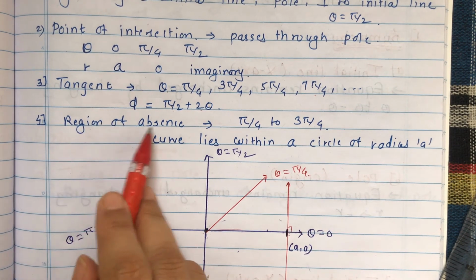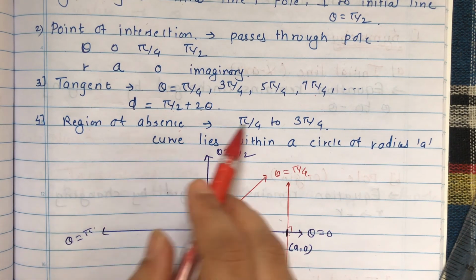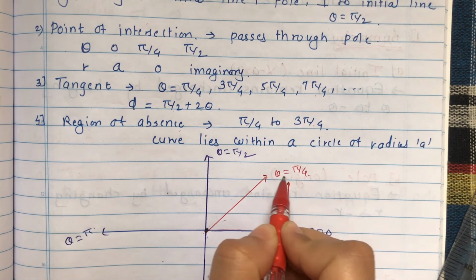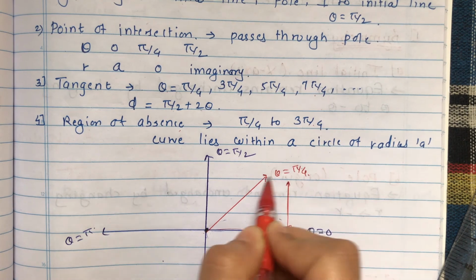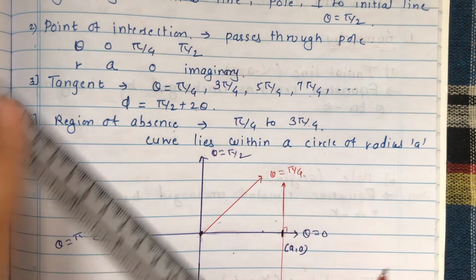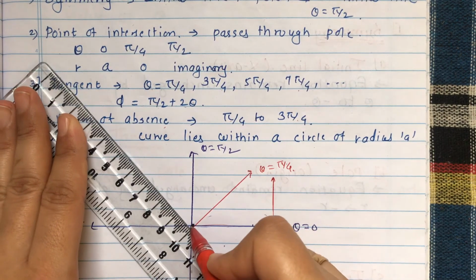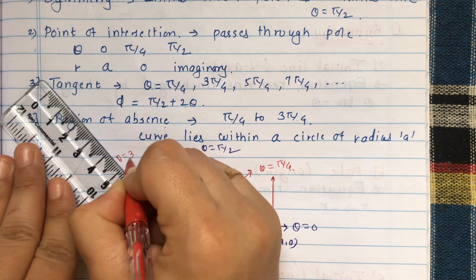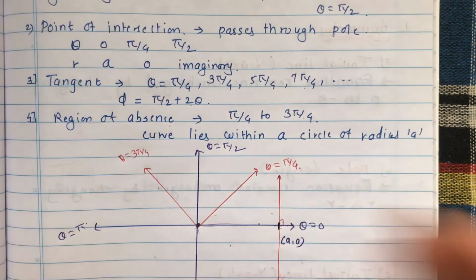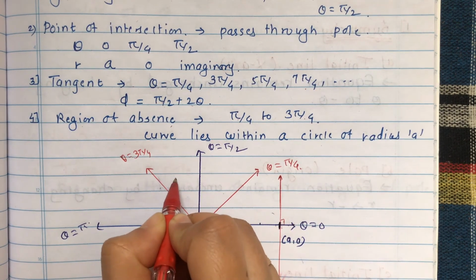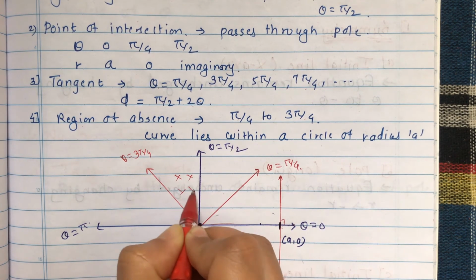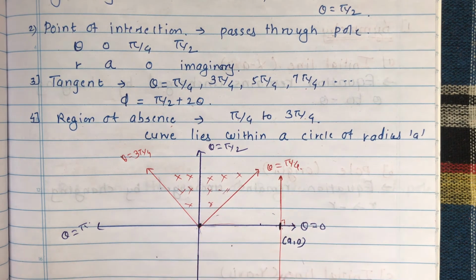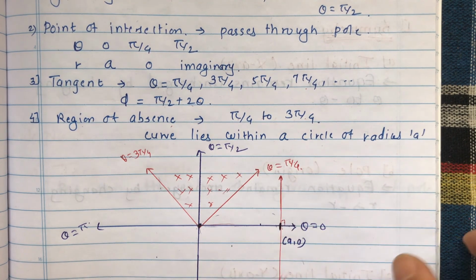Next, region of absence. So what is the region of absence? Pi by 4 to 3 pi by 4. Now this is theta is equal to pi by 4 to theta is equal to 3 pi by 4. So this will be the region of absence where the curve does not exist, right?